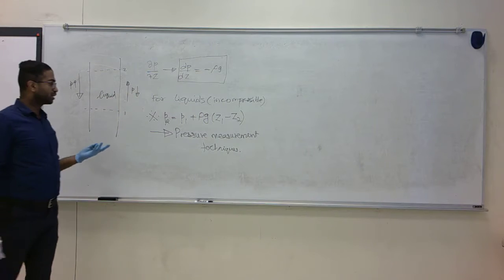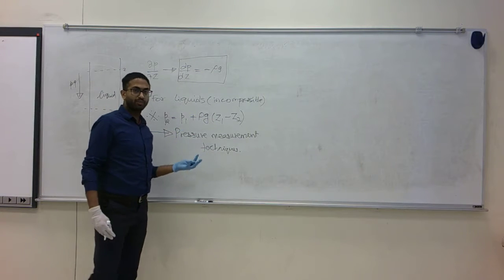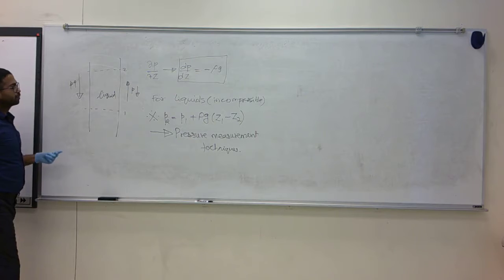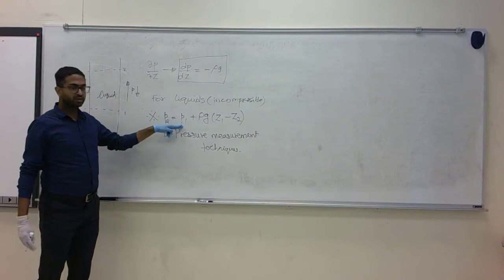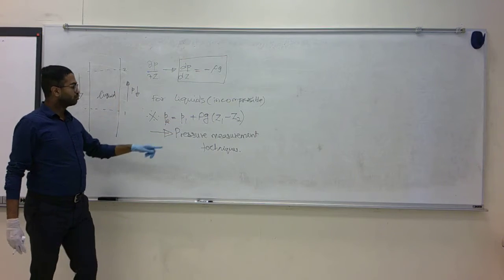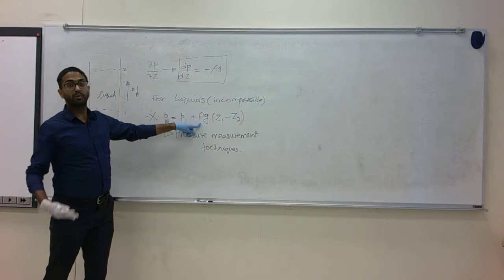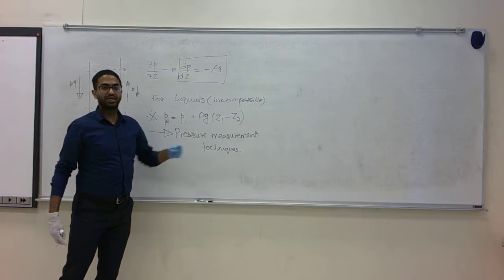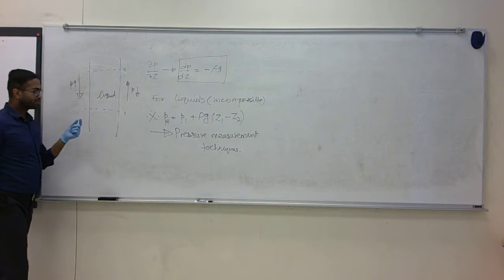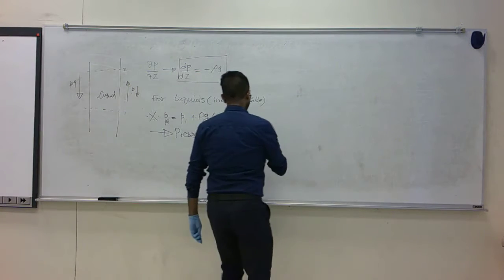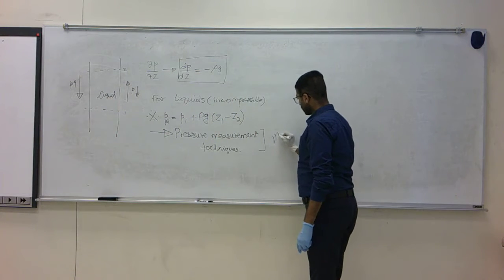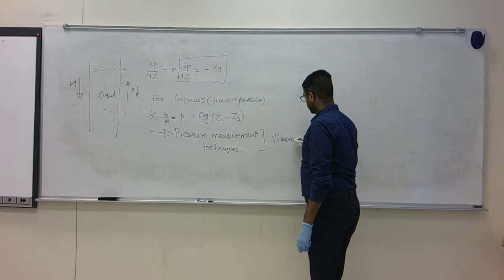And I mentioned that this is the basis of an important pressure measurement technique, because if you know one of these pressures, you can calculate the other, because the density of the liquid is presumably known and the height difference can be easily measured. This pressure measurement technique is called manometry.